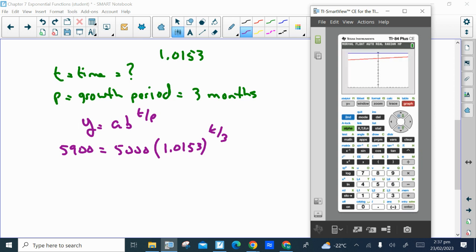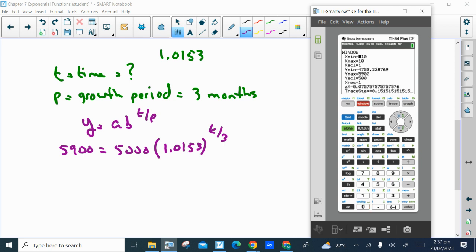You can also choose zoom fit if you want, which maybe in this case might not have been a bad option because we can't see the point of intersection. Maybe if we go zoom 0 for zoom fit, that's where the calculator picks the windows. Maybe it'll show the point of intersection, and it actually doesn't. So that's fine. We'll just change our windows.